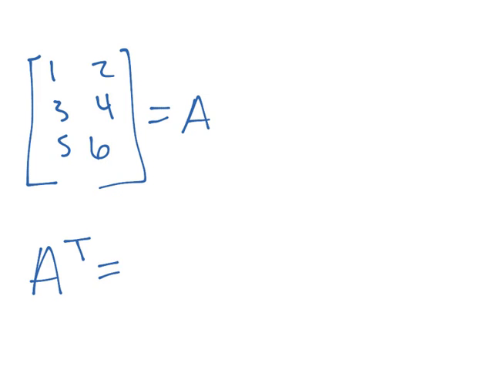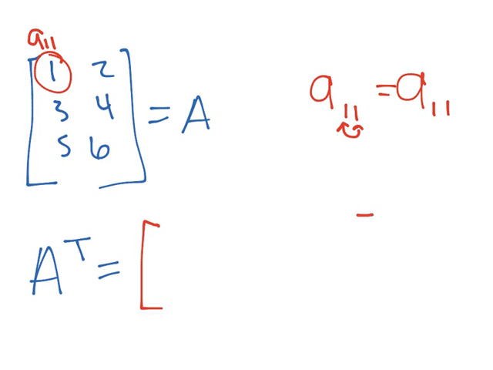Our first term right here is A11. In the transpose, we flip these two numbers, so it's still A11. In our transpose, 1 is still found in the first row, first column. But now let's look at the 2.